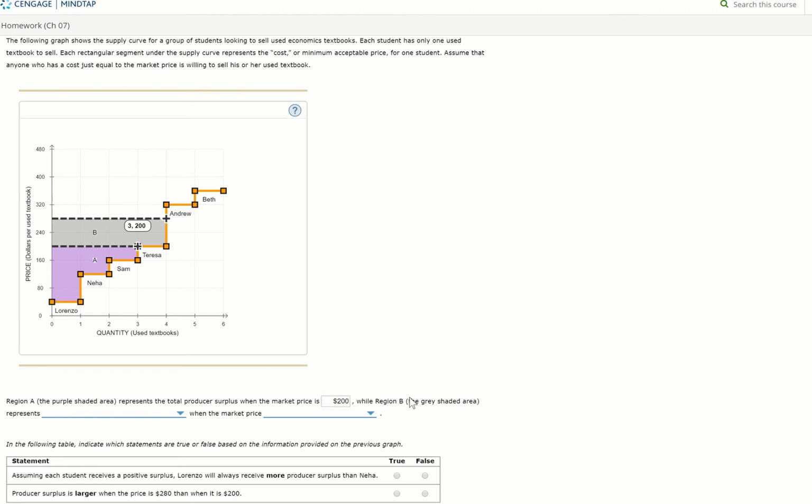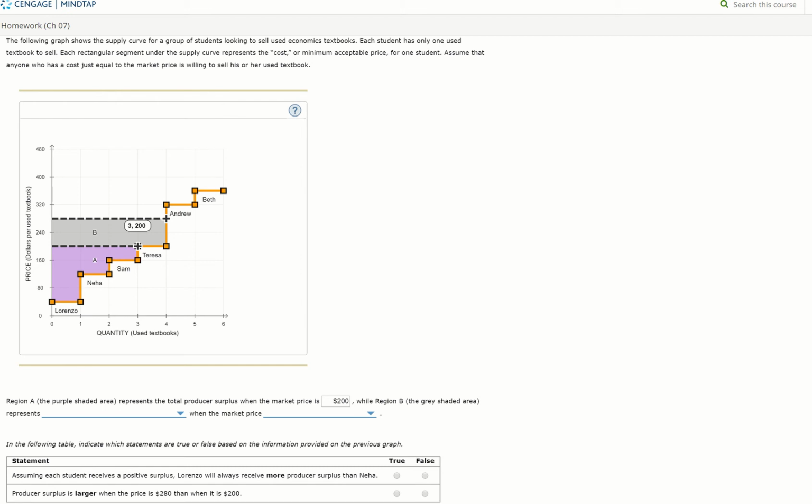And then region B, the gray area, represents what? It looks like it's the difference between 280 and 200 over here. Region B doesn't cover the entire triangle, only the little rectangle above it.